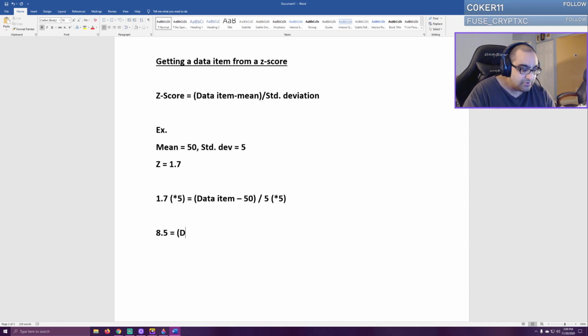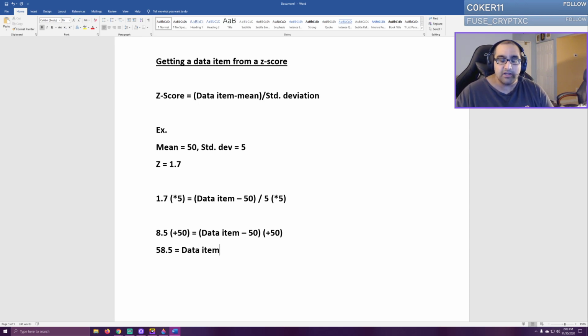And that equals, again, the data item minus 50. And all we have to do is then add 50 to both sides, just like so. And so here we get 58.5 is equal to our data item.